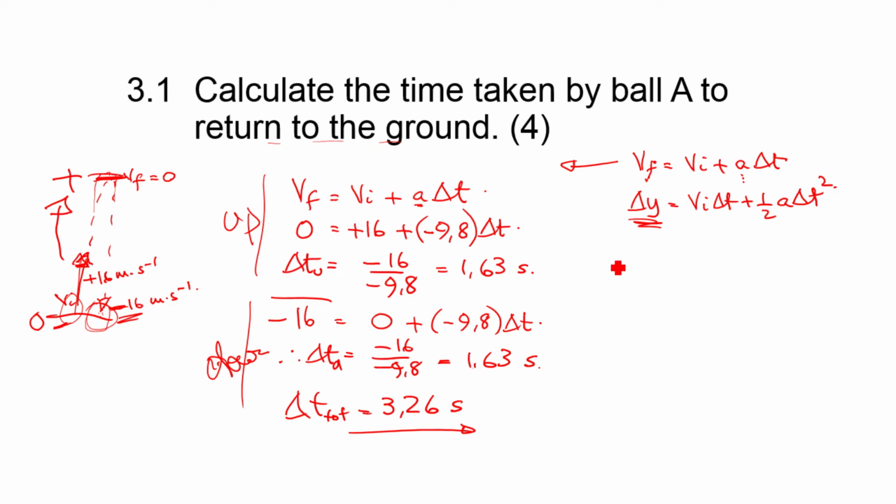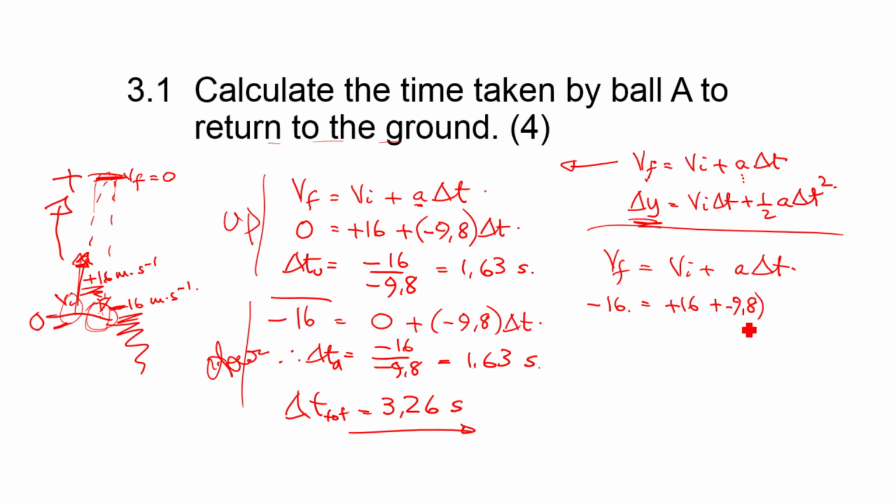But what I could also do is say Vf is equal to Vi plus A delta t. Now watch. The final velocity is going to be minus 16 there. The initial velocity is going to be plus 16 there. And this is going to be minus 9,8 times delta t.